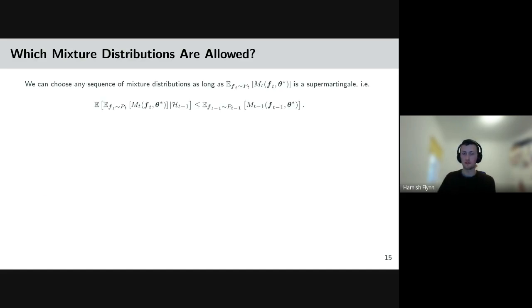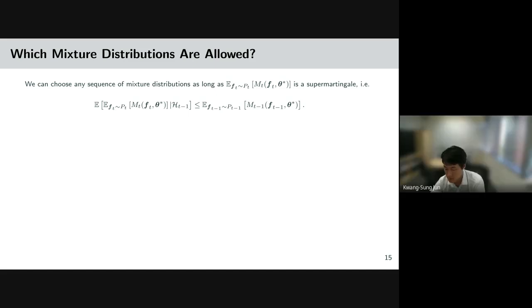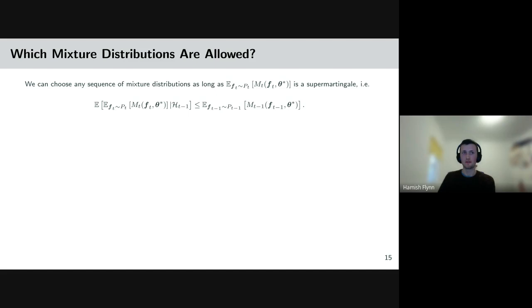So the first thing to consider is which mixture distributions are actually allowed. And the only constraint really is that the mixture of this process MT should also be a super martingale, so that we can use Ville's inequality with the mixture.